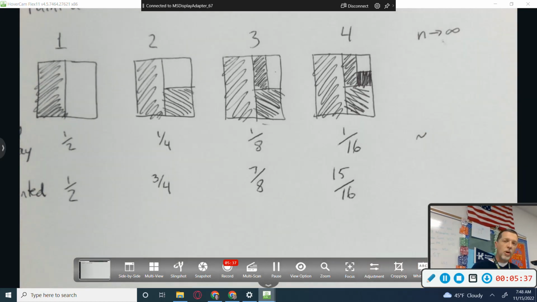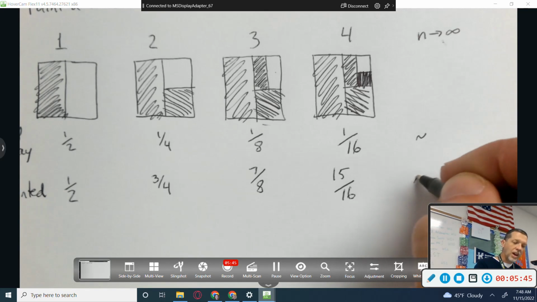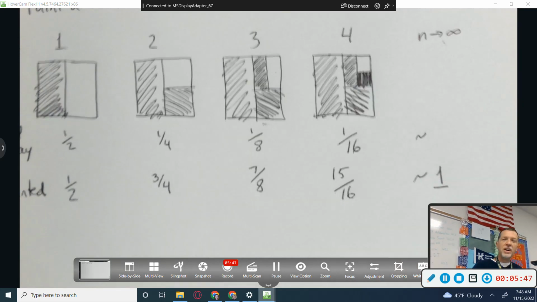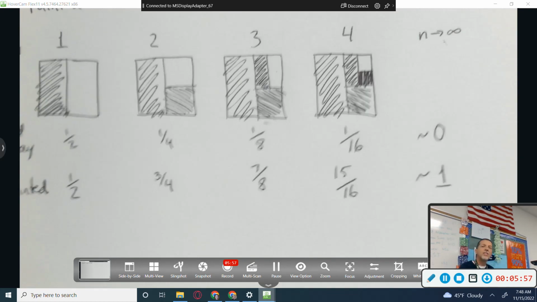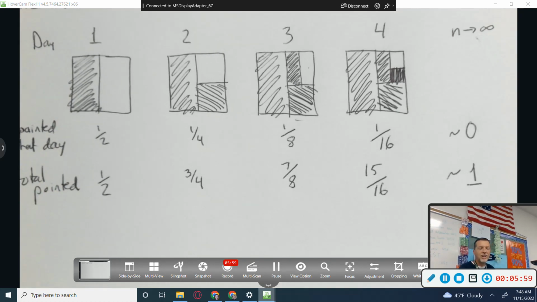How much of the wall would we be painting after 6 months? Roughly, how much of the wall would we? Okay, so pretty much the whole wall would be done, and we wouldn't be painting any that day. If we ever got to infinity. Of course, that's the trick. Like you never get to infinity. So that's kind of the trick for today.